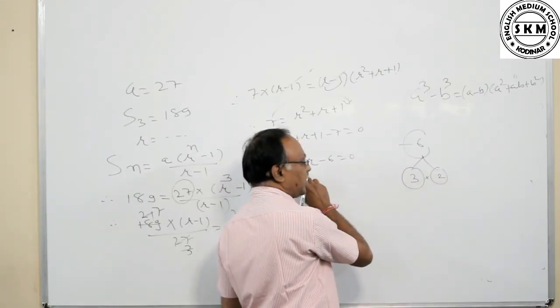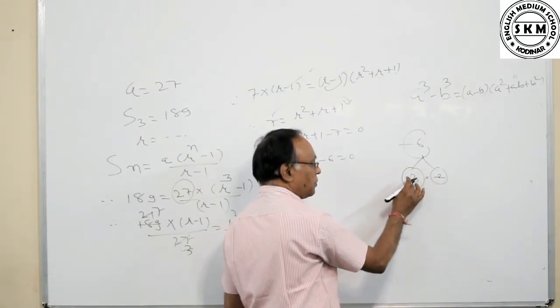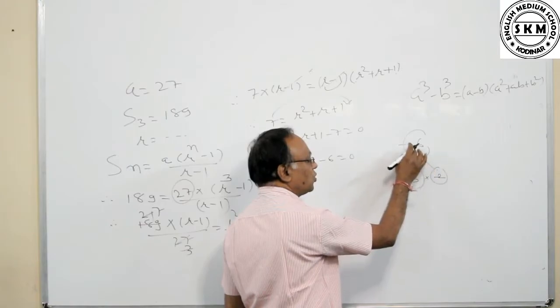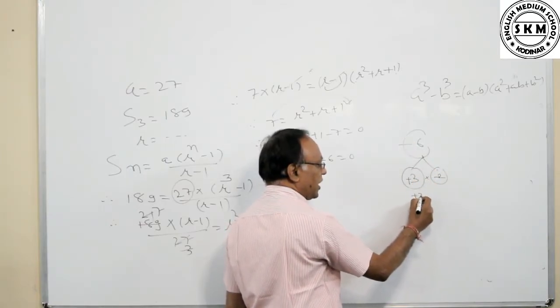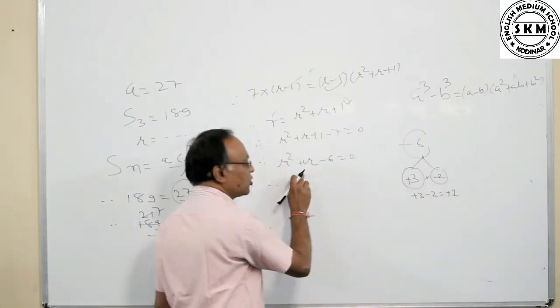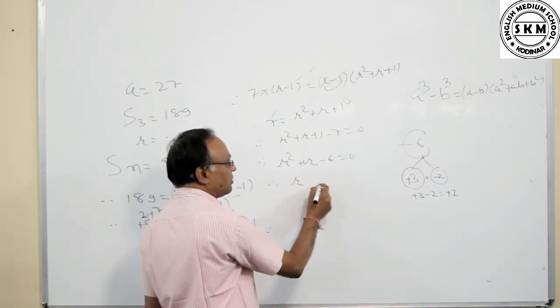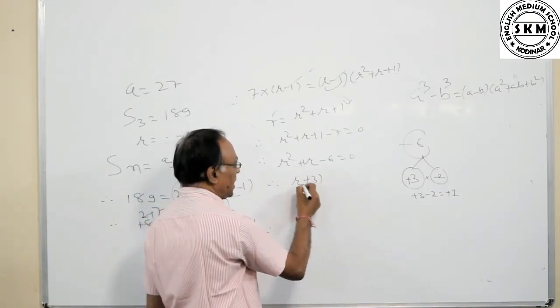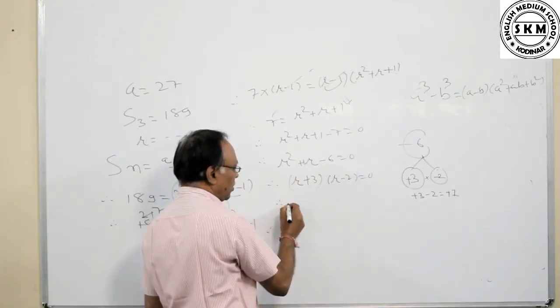Now for the middle term, put plus 3 and minus 2. Plus 3 multiplied by minus 2 is minus 6, and plus 3 minus 2 is plus 1, which is the middle term. Therefore, directly writing the factors, (r plus 3)(r minus 2) is equal to 0.